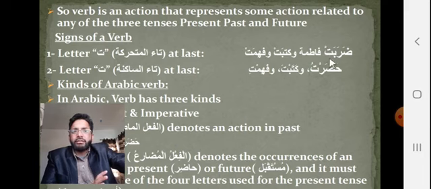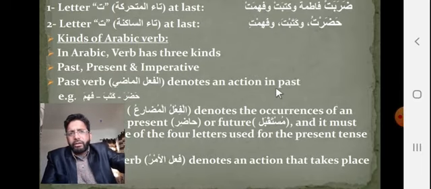Katabat. Darabat Fatima, Fatima hit, wa katabat and wrote, wa fahimat and understood. Wa katabat, we again see ta sakina. Wa fahimat, ta sakina again. So in all these three verbs we find ta sakina. This is also a sign of a kalima being a verb.